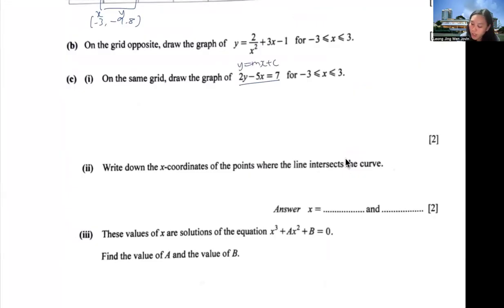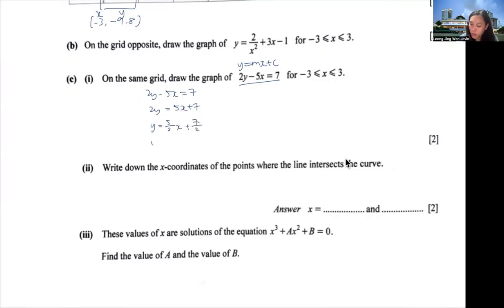Let's move my terms. So 2y minus 5x equals 7. I move the 5x over, so 2y equals 5x plus 7. I want to make y my subject, so I need to bring 2 over, so y equals 5 over 2 x plus 7 over 2.